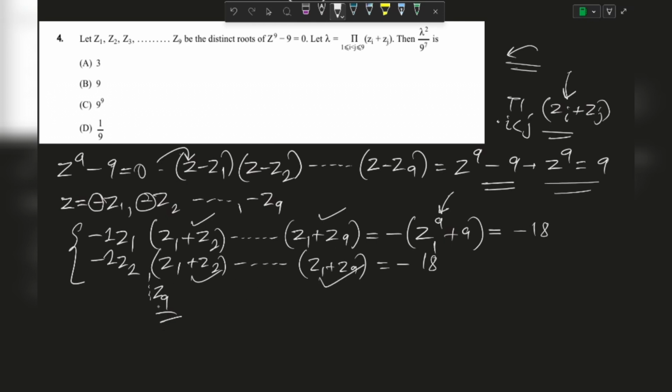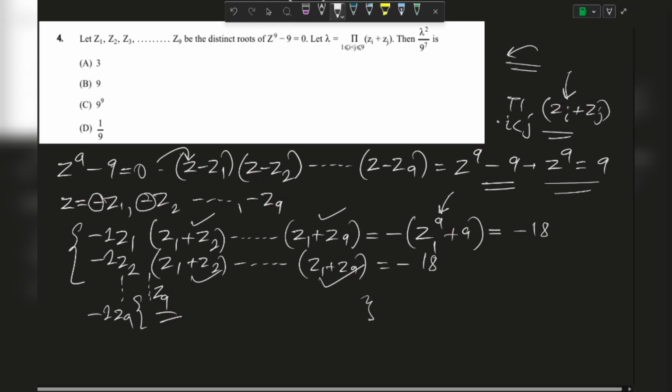So this will go till minus 2 Z9 times this whole thing once again, and it is equal to minus 18. So now we will multiply all these, up till minus 2 Z9, then this huge thing equal to minus 18.